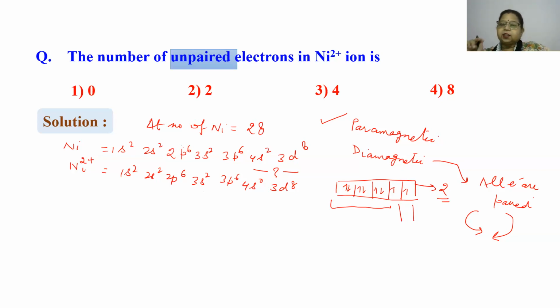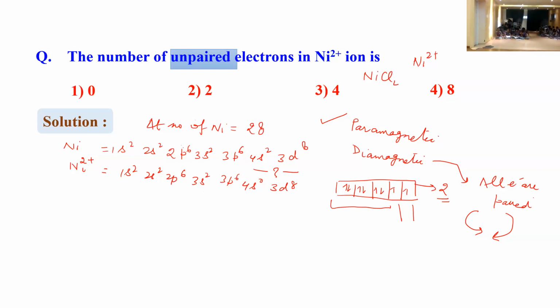Then you have to find the charge on nickel, if I give you NiCl2 or NiSO4. NiCl2 means nickel has a di-positive charge. That's another way of asking a question, right? So the concept of paramagnetic and diamagnetic is also clear to all of you or not?